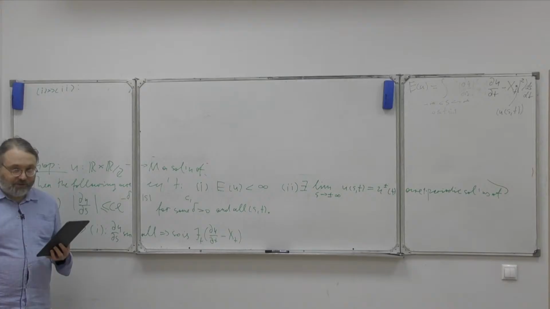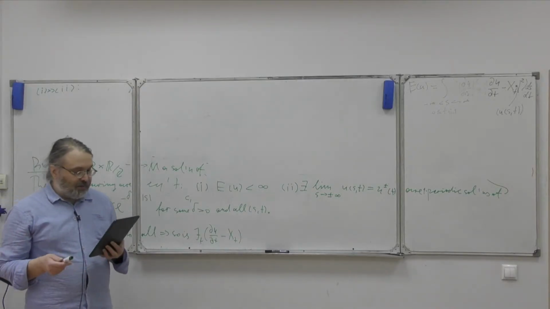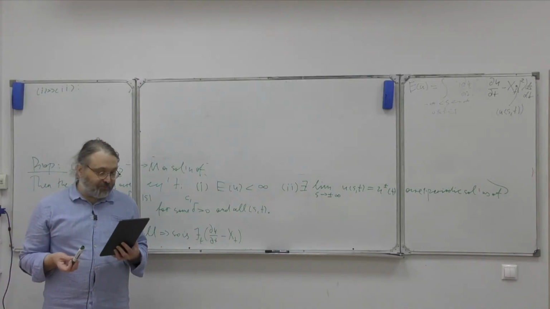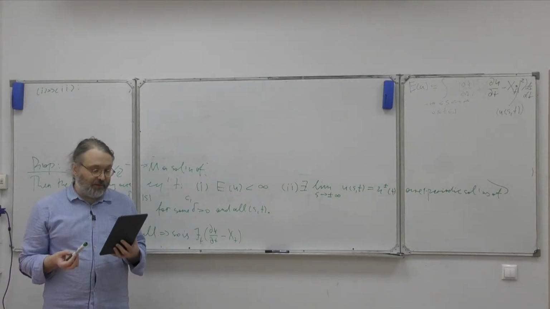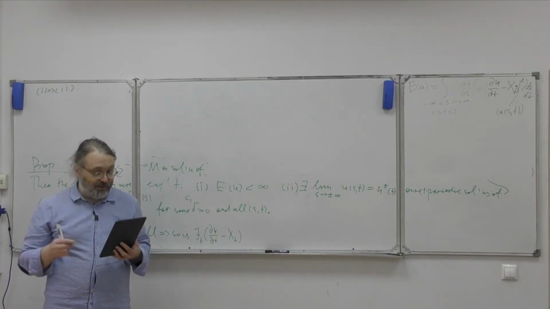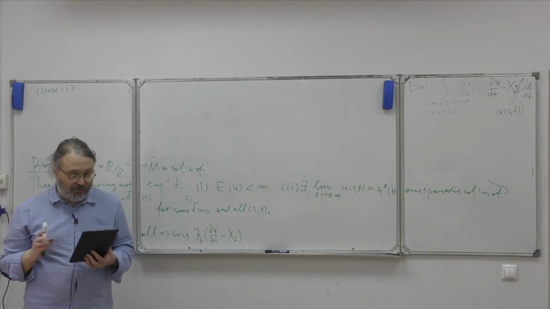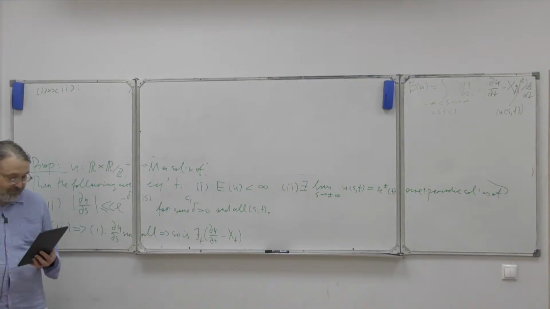So please pay attention. First of all, Salomon suggests we use the following a priori estimate. Now I will write it down, but I don't know how to prove it.